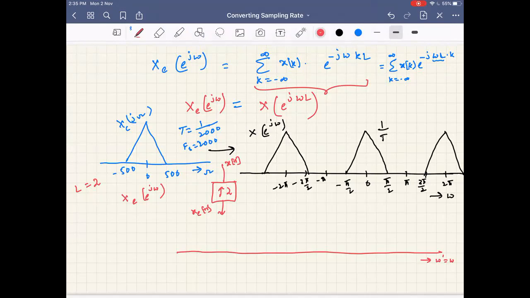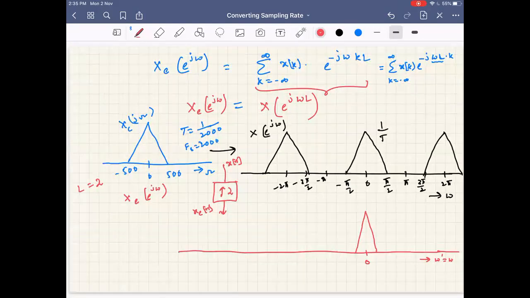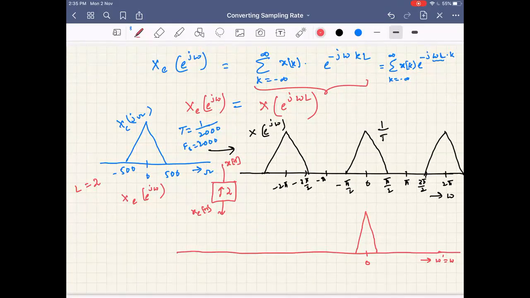So we will sketch it here. This is 0. As you can see, capital X of pi by 2 now appears at pi by 4 in this spectrum of omega dash, as you can see from this expression.